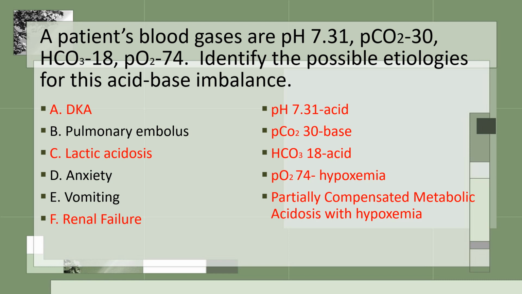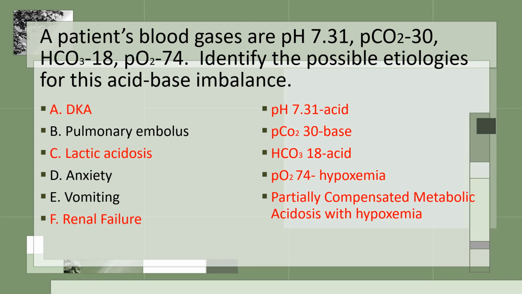The PCO2 is 30, and that is a base. The bicarb is 18, and that is an acid. And your PO2 is 74, that is hypoxic. So what does that mean? It's partially compensated metabolic acidosis with hypoxemia.